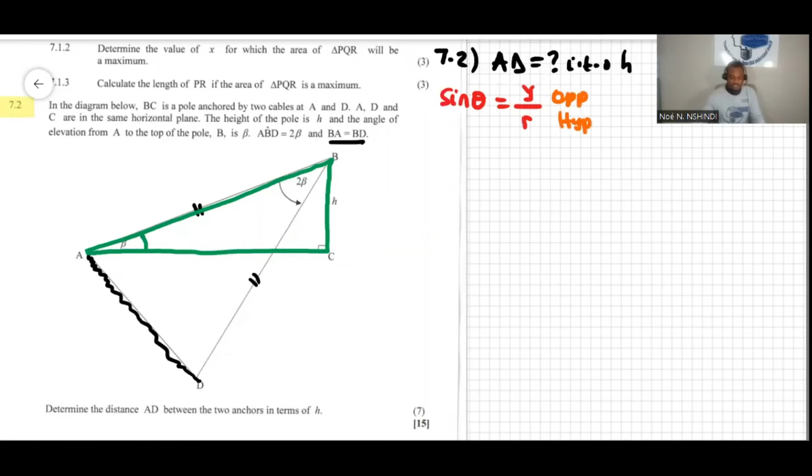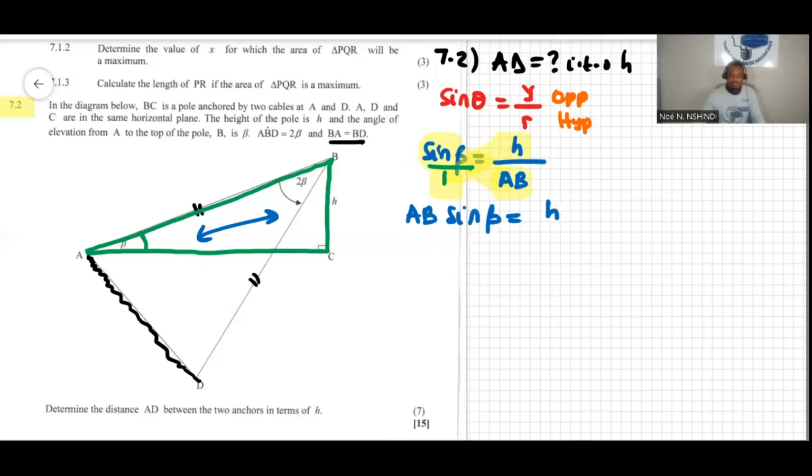So in this situation, sine of beta will be equal to the opposite side, which is h, over the side AB. Sine beta is like over 1 there. So if we cross multiply in order to find AB, AB times sine beta will be equal to h.